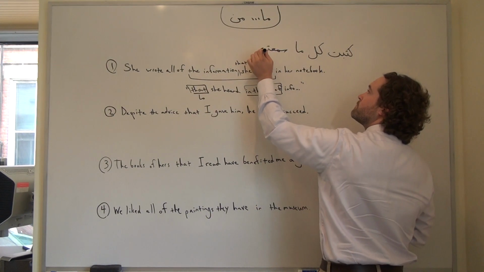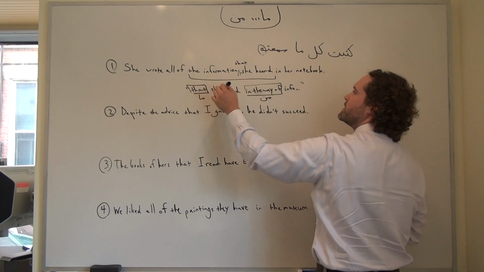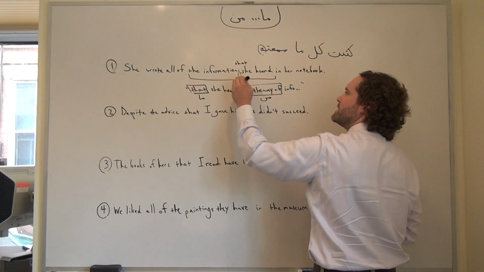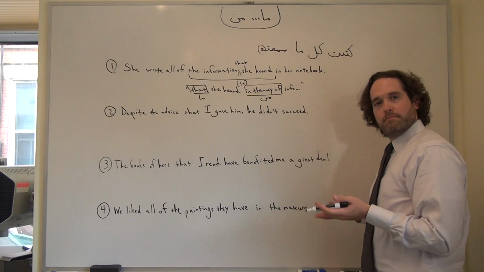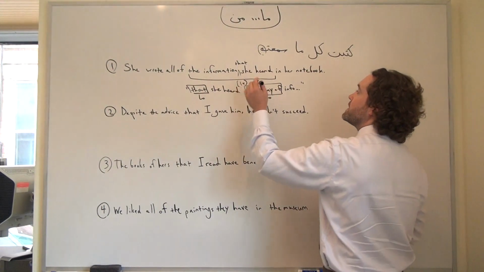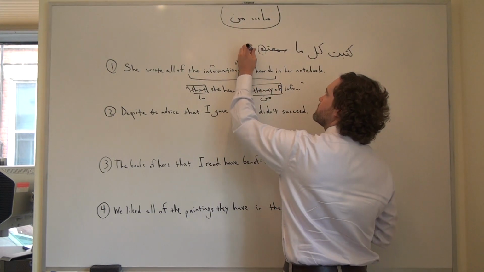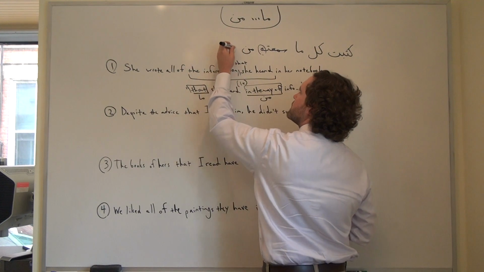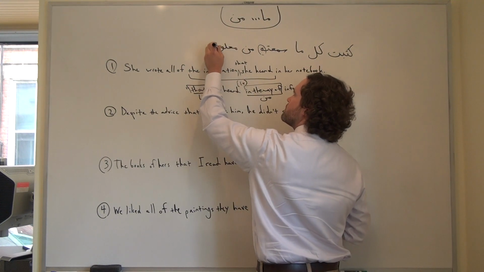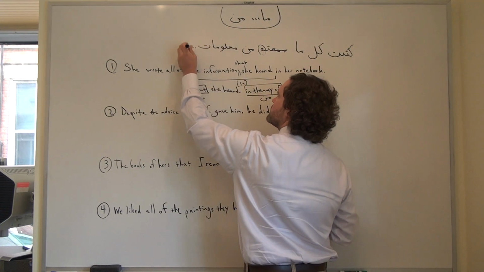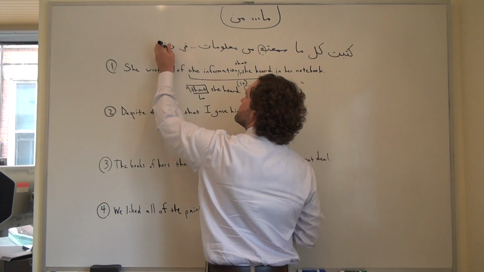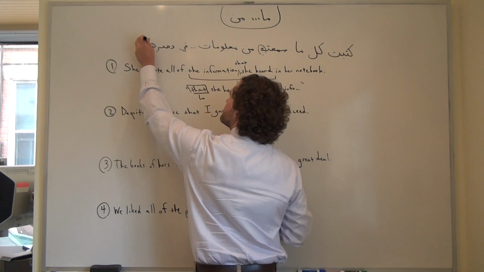And here we have a reference, so literally we're kind of saying all that she heard it, because that's good style in Arabic, in the way of information. Min معلومات في دفترها.